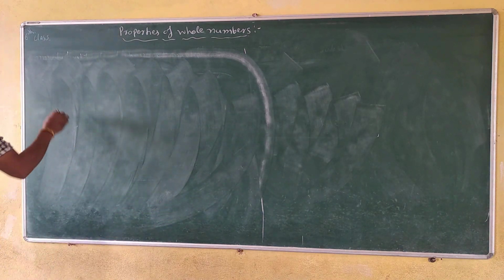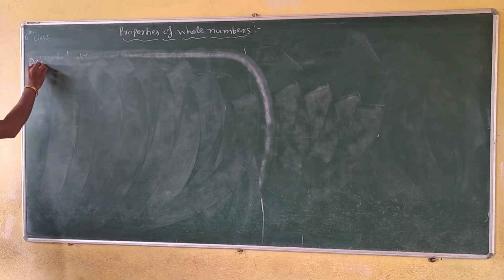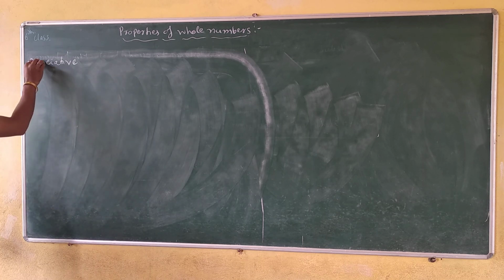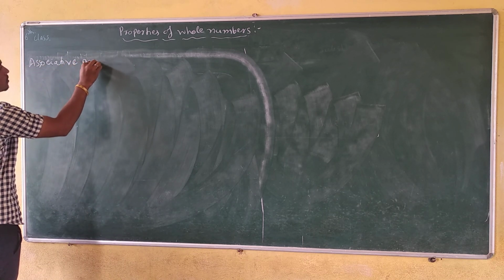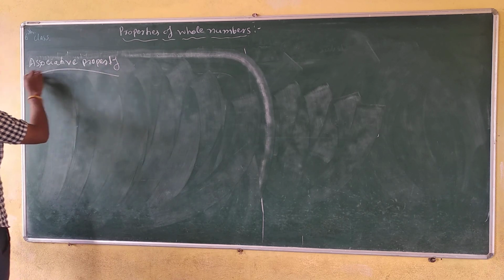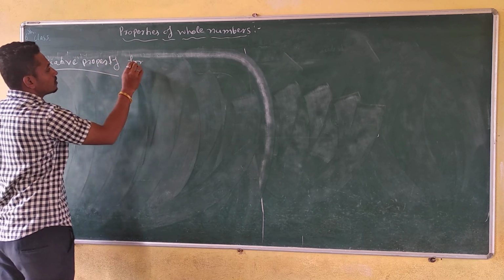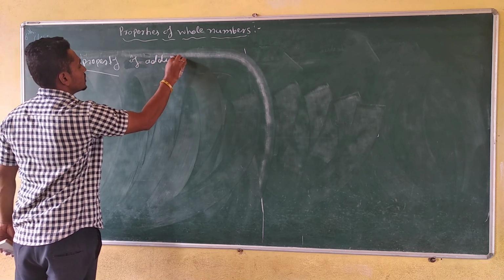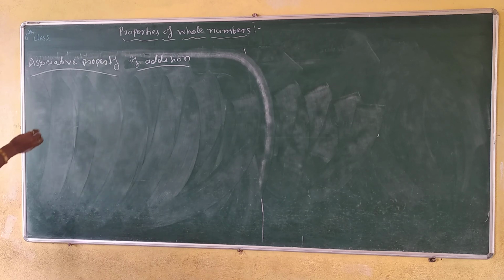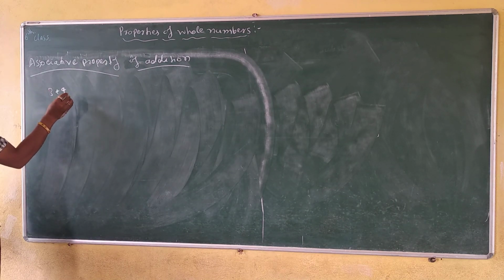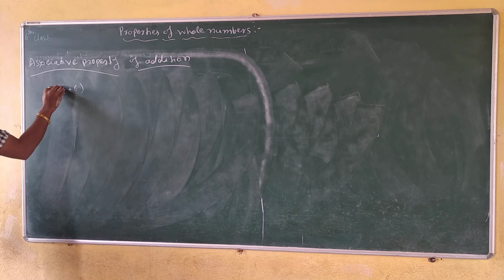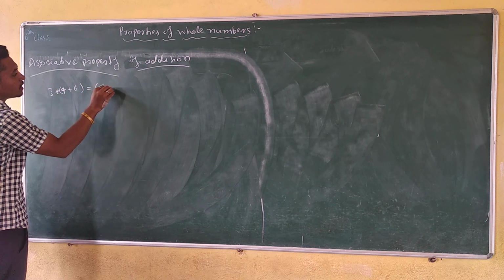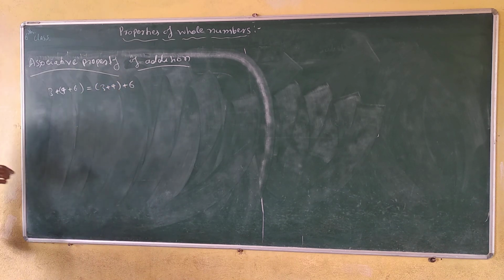See here, the associative property of the addition operation. Take one example: 3 plus 4 plus 6. Take 4 plus 6 in the bracket, and now take 3 plus 4 in the bracket, plus 6.